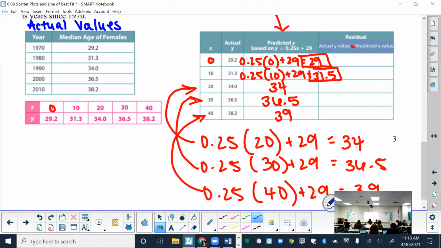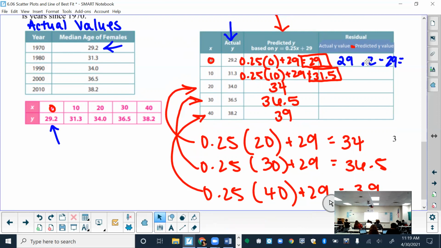So the actual value when x is 0 is what? 29.2. The actual value is what we get from the actual data. It's also here as well. 29.2 minus your predicted y. What's the predicted y? And what's the difference between them?